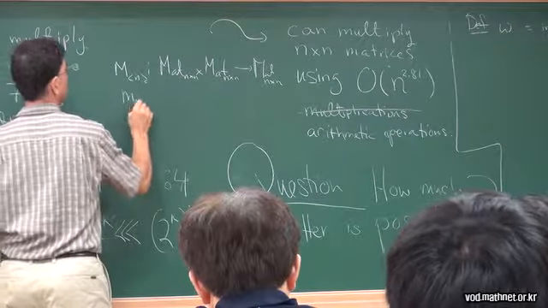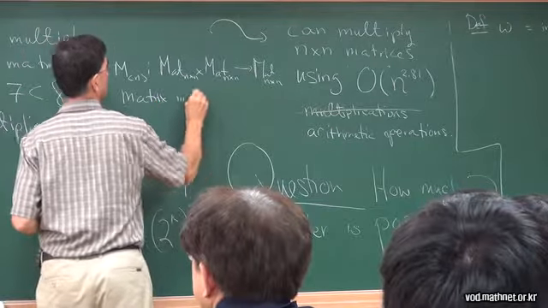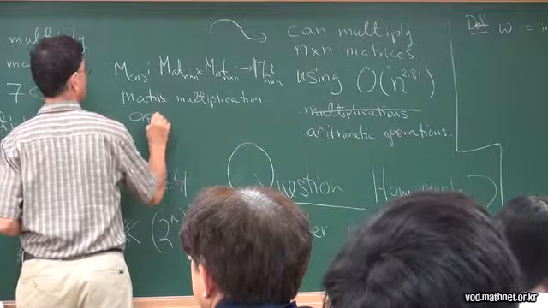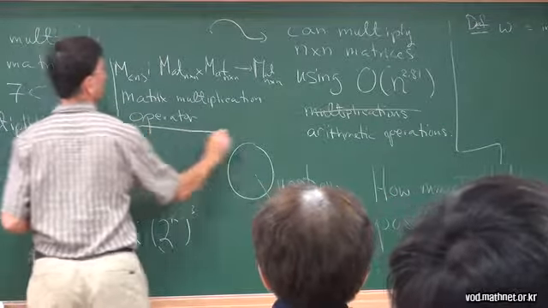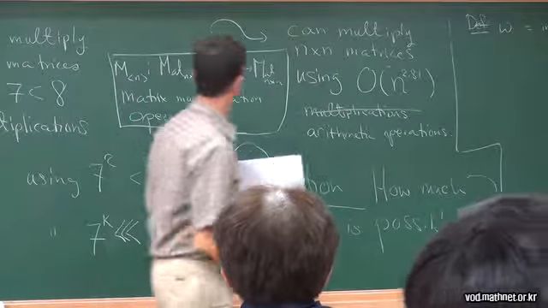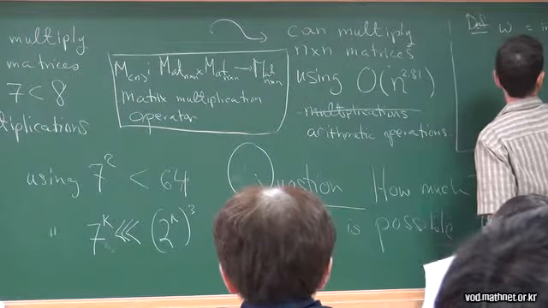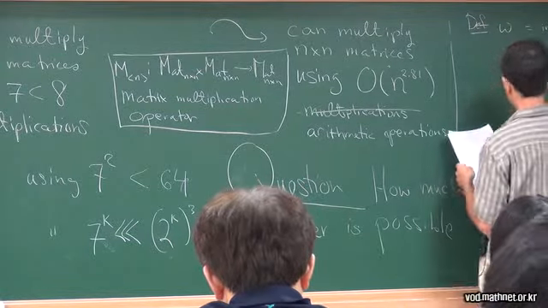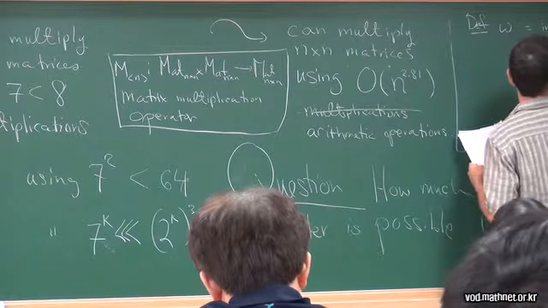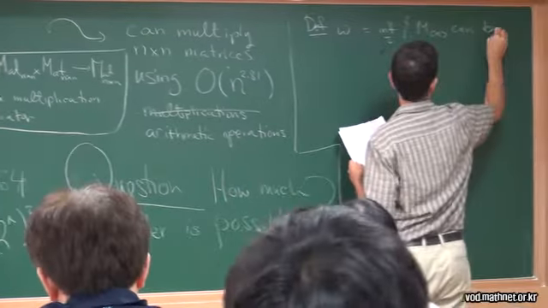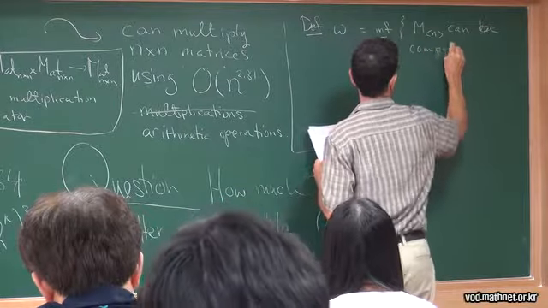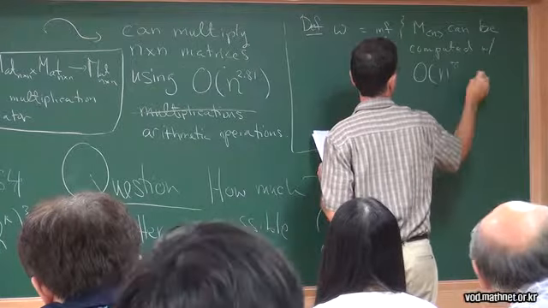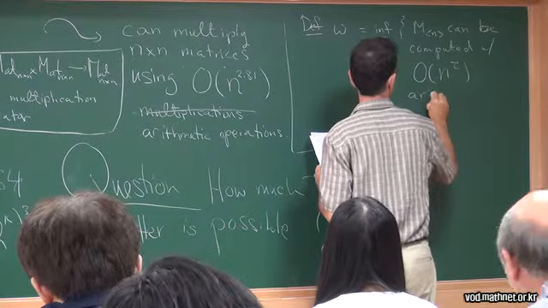This is the matrix multiplication operator. And we'll let omega be the infimum over tau such that Mn can be computed with order of n to the tau arithmetic operations.